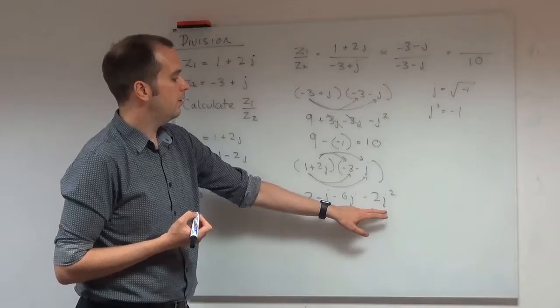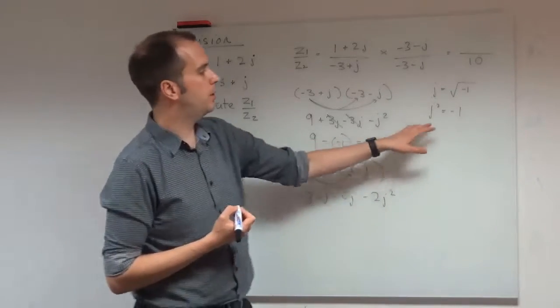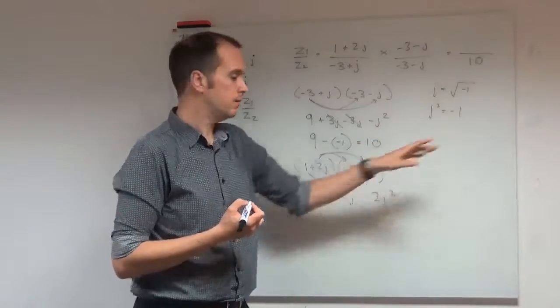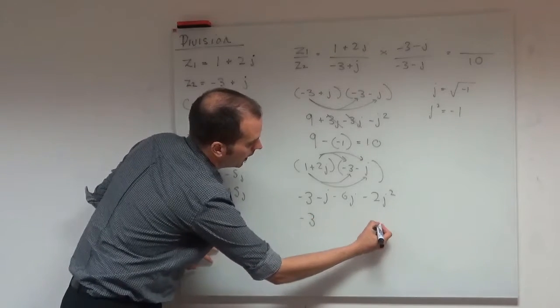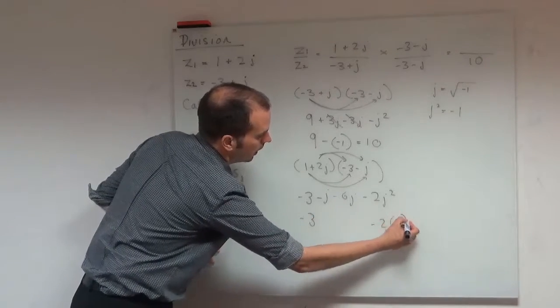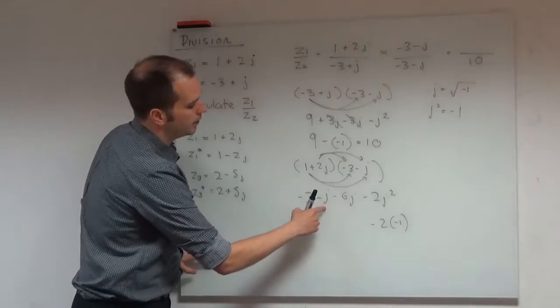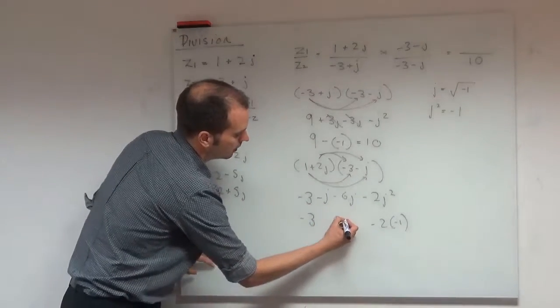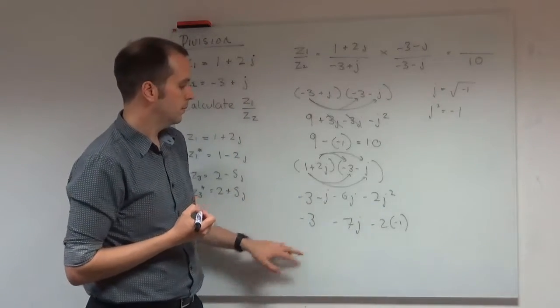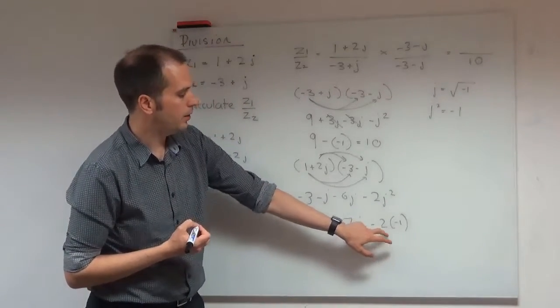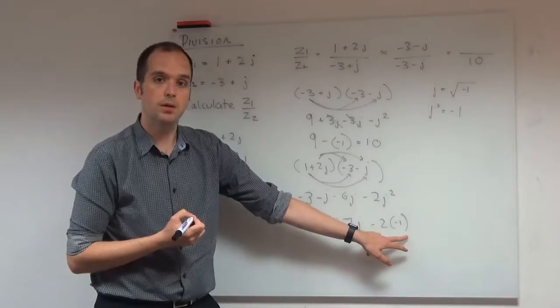Before we continue, let's just recall what j squared is equal to. J squared is minus 1. I'm going to have minus 3, and then I'm going to have minus 2 lots of minus 1, and then minus j minus 6j gives me minus 7j. Minus 2 times minus 1 gives me plus 2.